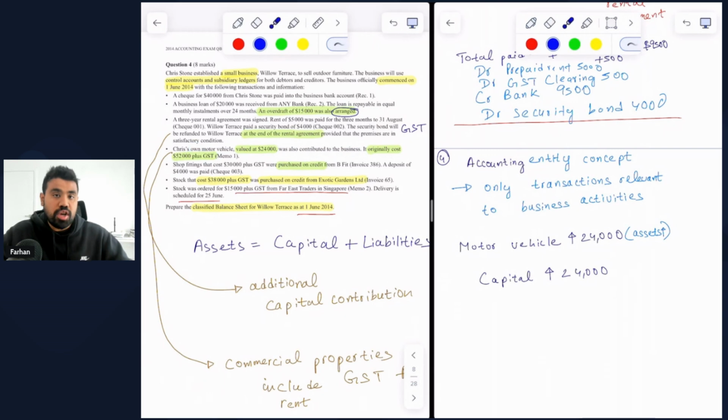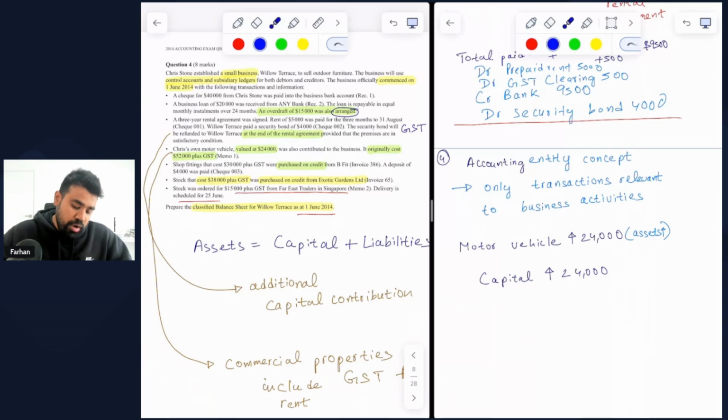And when it was purchased for private use before, Chris paid $52,000 plus GST. But today, at 1 June 2014, we are contributing this at fair value into the business, which is $24,000. And that is referring to the additional capital contribution apart from the initial deposit of $40,000, which you saw in the first transaction.